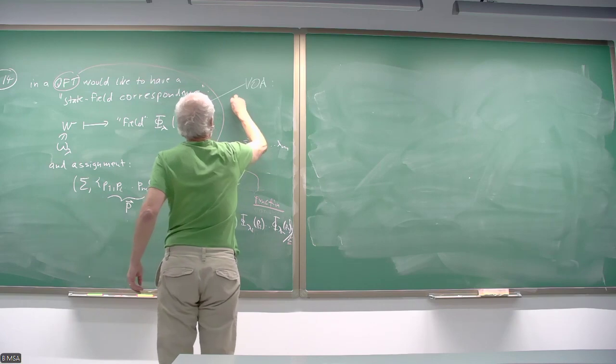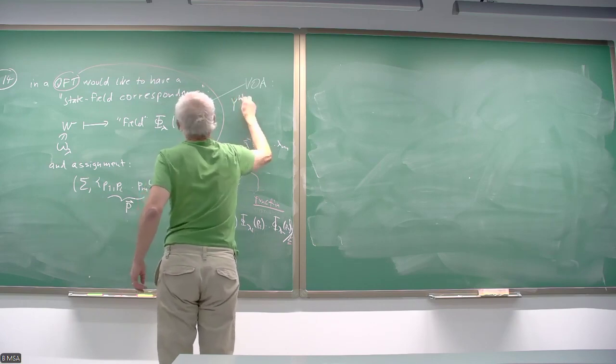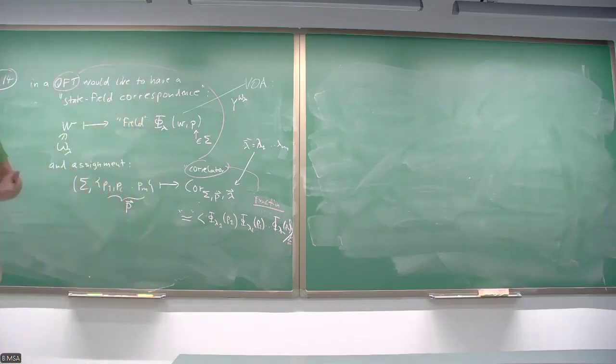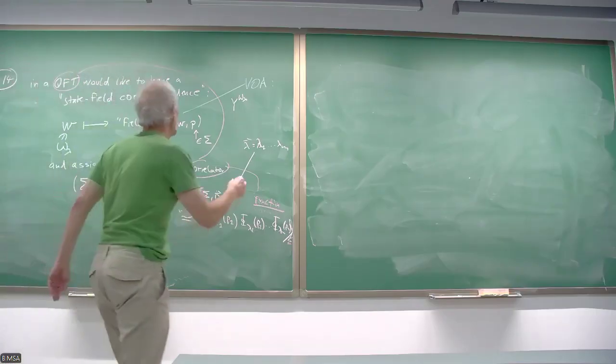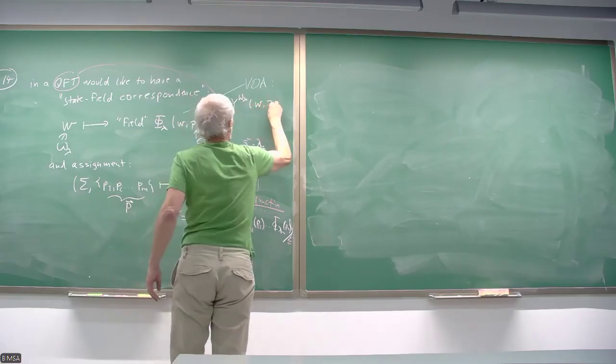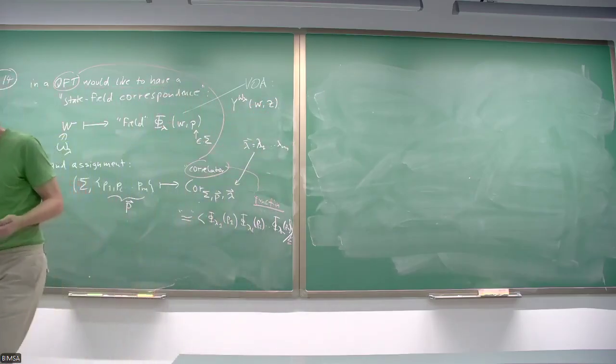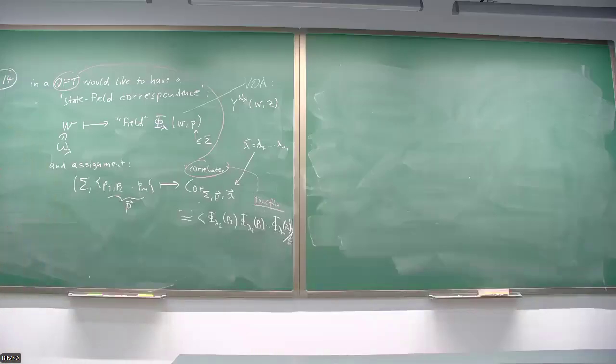But that we would identify this as Y(w, z) for w and z. z is now, however, a formal variable, which is not quite the right thing.